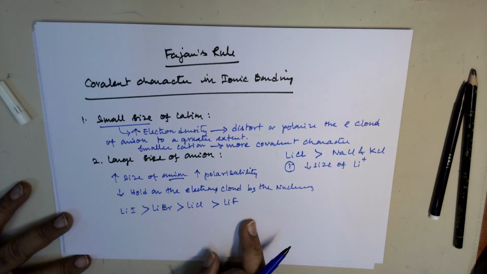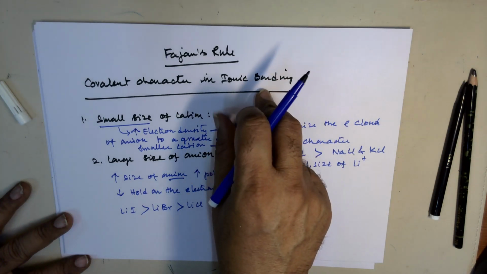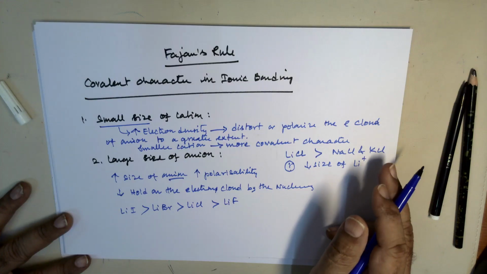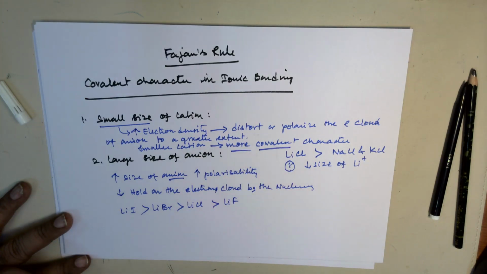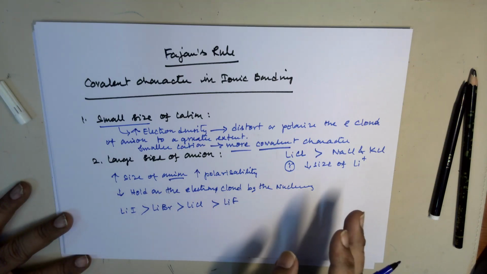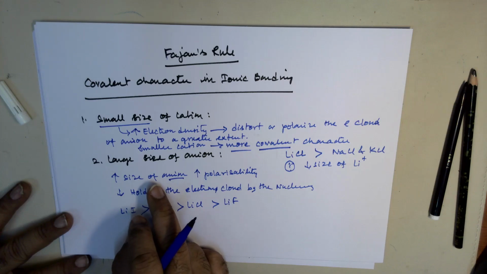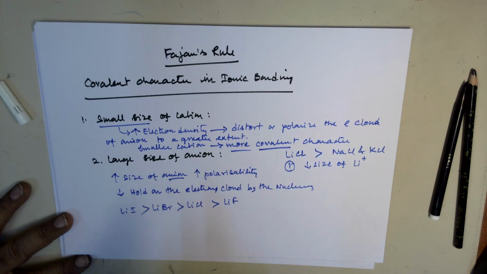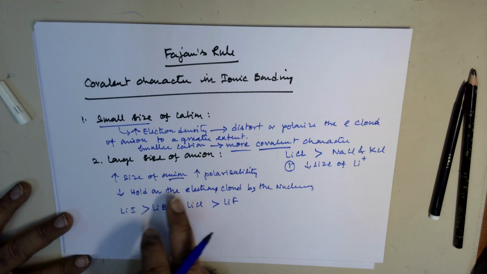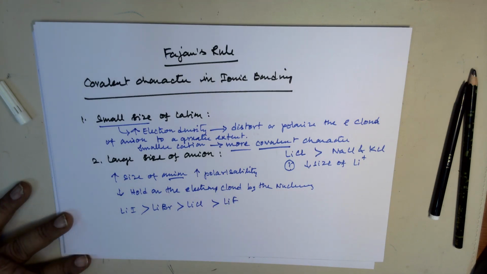So everywhere you can find lithium of same size. We already discussed the smaller size of the cation, the larger will be the covalent character. In this case, the same lithium is combined with different anions of different sizes. So larger the size of the anion means what? There will be more polarizability, and hence the hold of the electron cloud by the nucleus decreases.